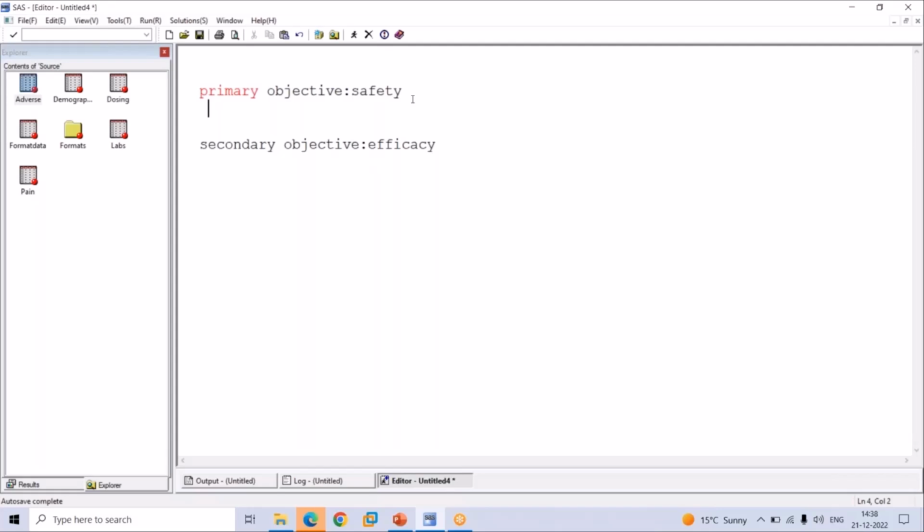So you are taking some drug, let's say drug X. To know whether drug X is safe or not, what do you collect? What kind of parameters do you consider? How can you say that the drug is safe?